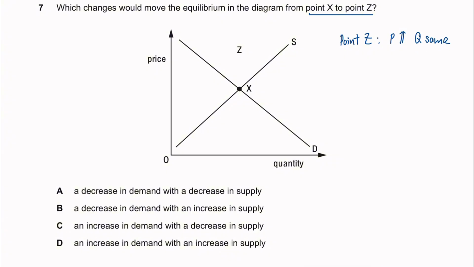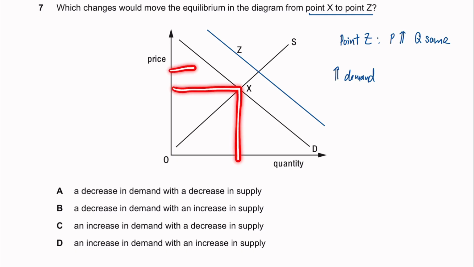Okay, let's try an increase in demand first. So when there's an increase in demand, okay, let's draw. When there is an increase in demand, your price will increase and your quantity will increase.